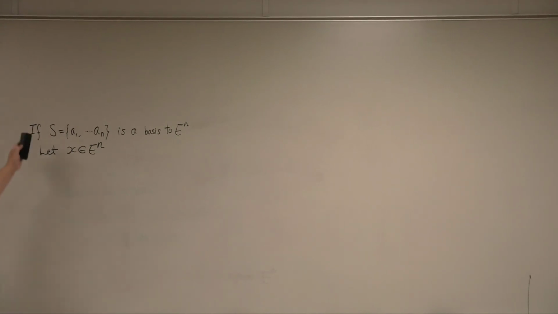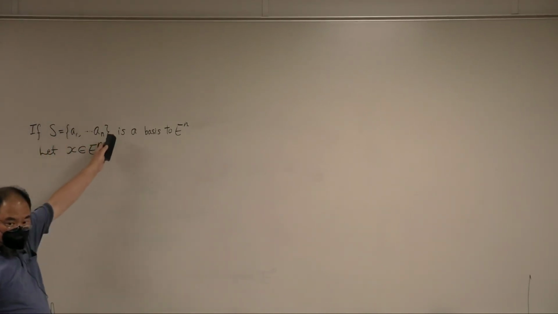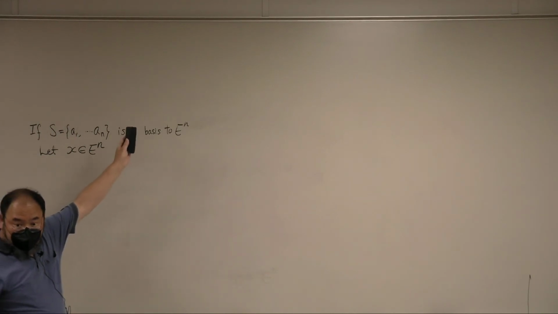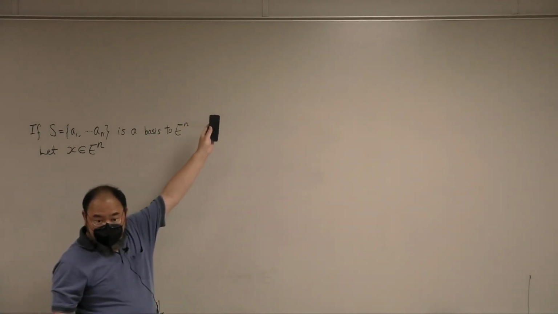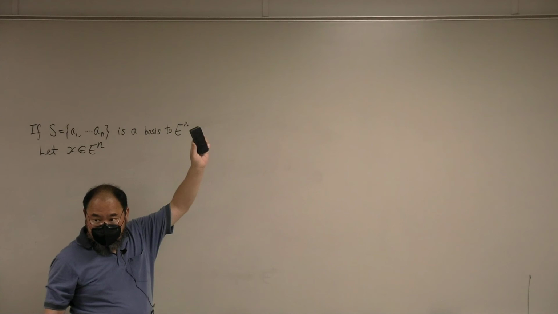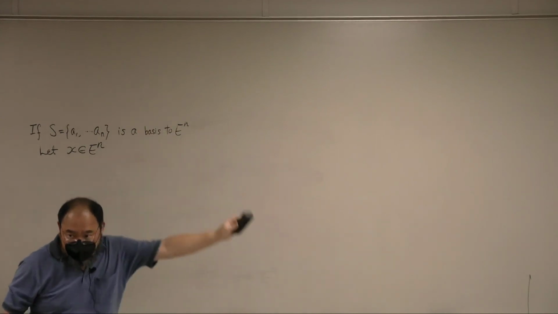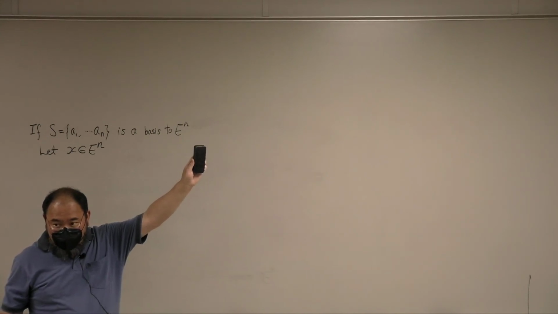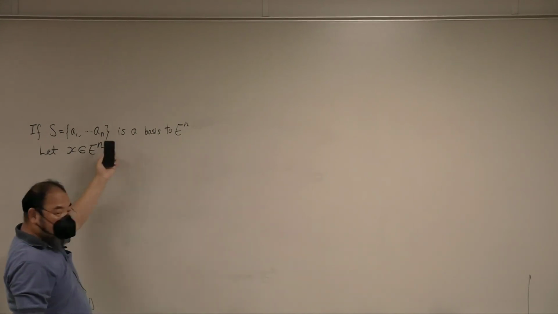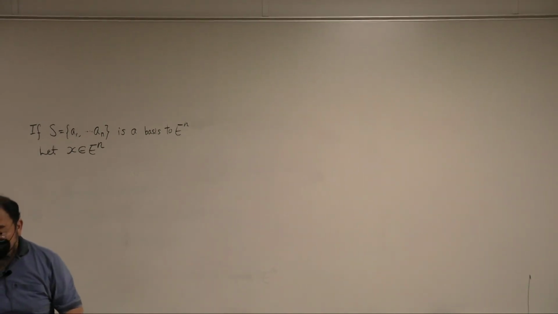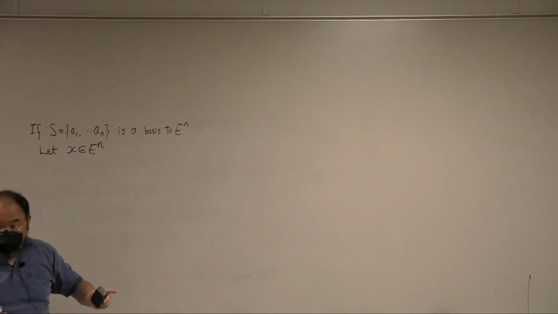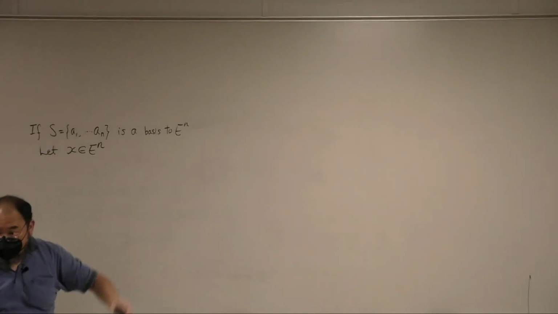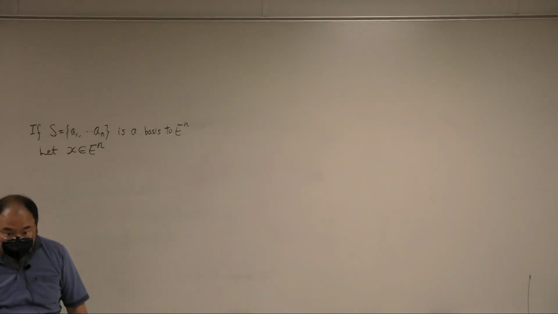If I say S has n vectors and is a basis of En, or S spans En, what does that mean? Every single point in En can be represented as a linear combination of these vectors. Understand what I'm trying to say?